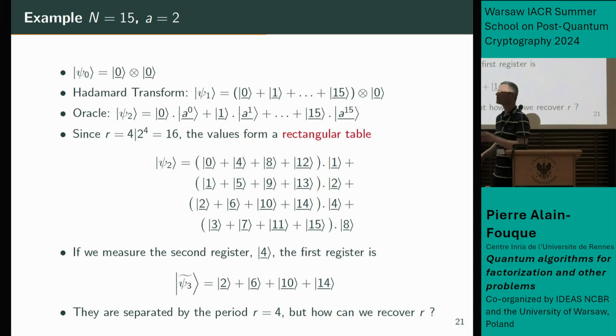How clear is it that A to the K and A to the K plus R as a quantum state are the same? It seems to me that you were using that in the previous slide, or you were kind of factoring theta out.